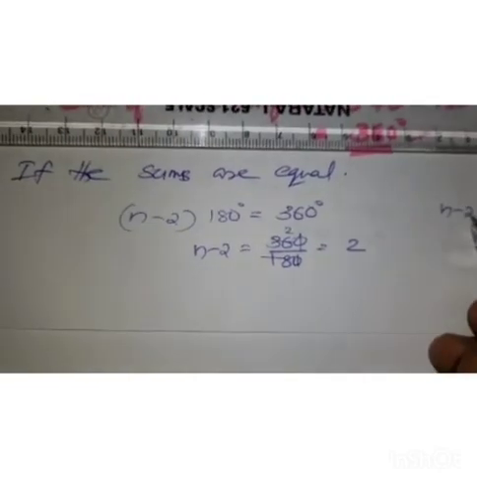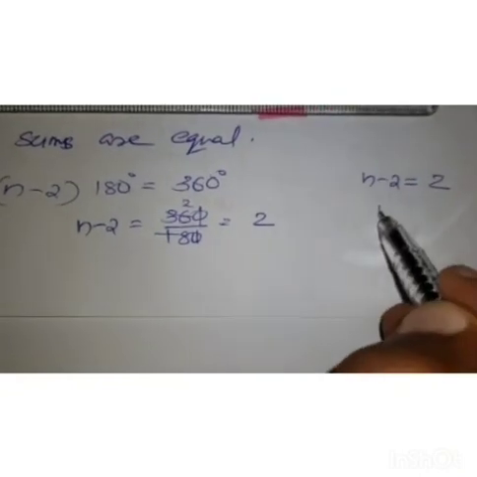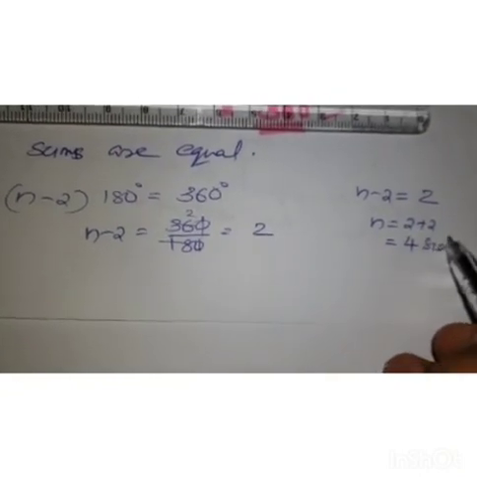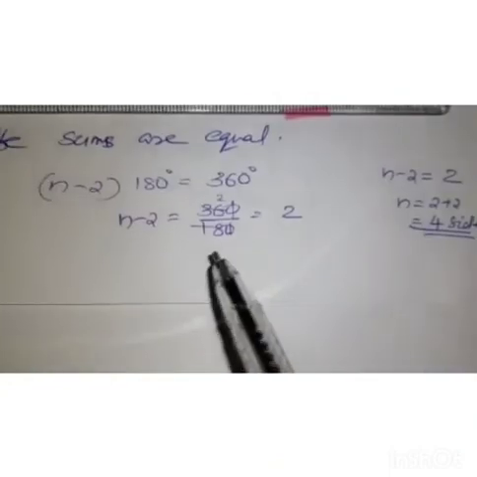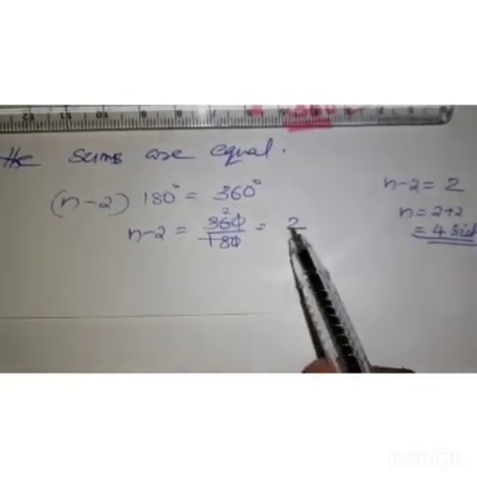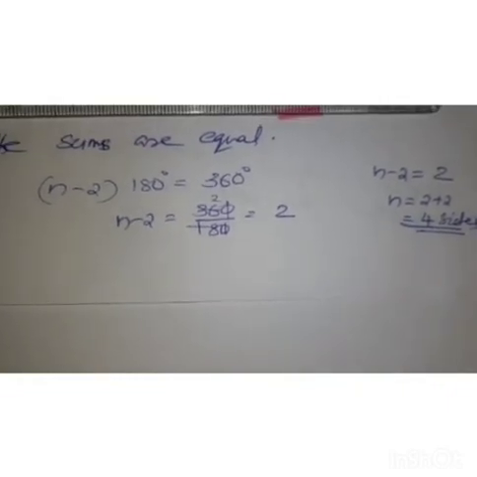So n minus 2 is equal to 2. What is n? 2 plus 2, it is 4 sides. So if the sum of inner angle is equal to sum of outer angle, n minus 2 is equal to 2, and from that n is equal to 4 sides.